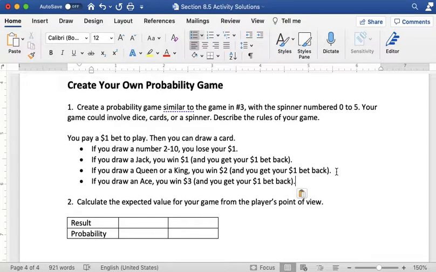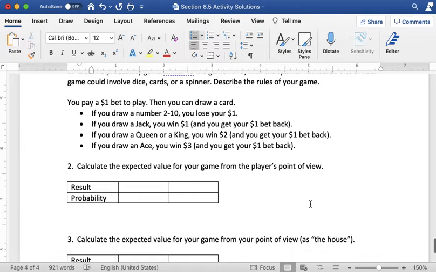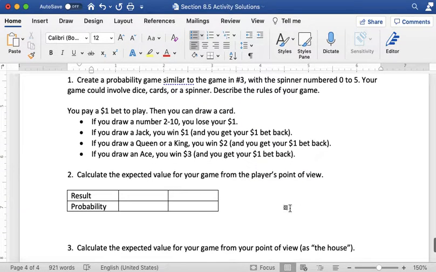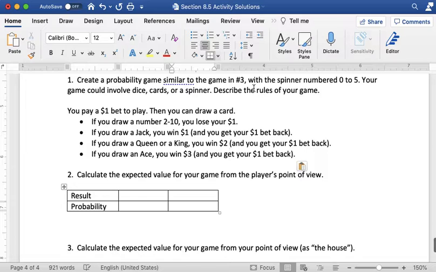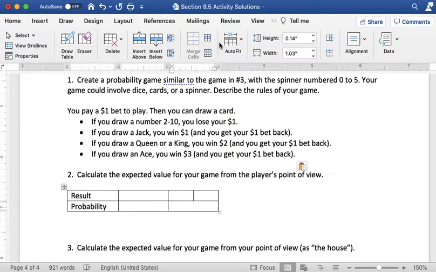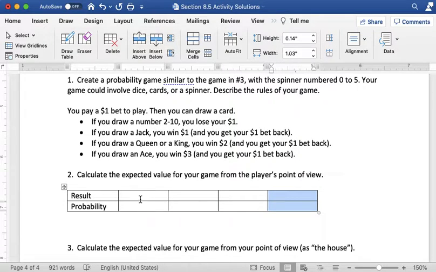So I want to calculate the expected value of my game from the player's point of view. There's actually 4 possibilities here, so I'm going to add some columns to my table. The first possibility is that you're drawing a number 2 through 10 and losing your $1 bet. Since you're the player, that makes you at minus $1. And the probability of that happening is 9/13.